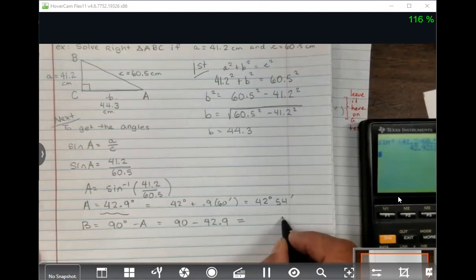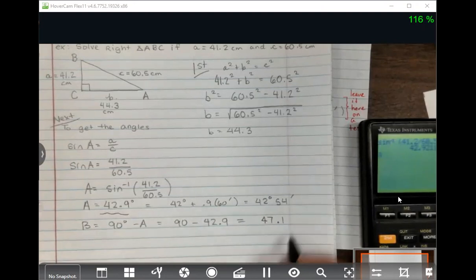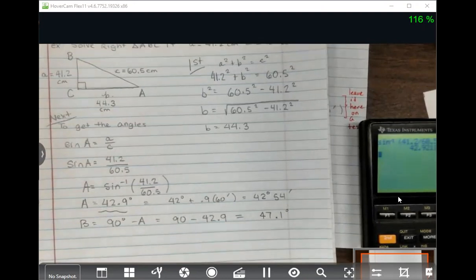So 0.1 gives me up to 43. 7 more gives me 50. 50 plus 40 is 90. So 47.1 degrees. What is that in degrees and minutes? 47 degrees and 6 minutes. 0.1 times 60 is 6.